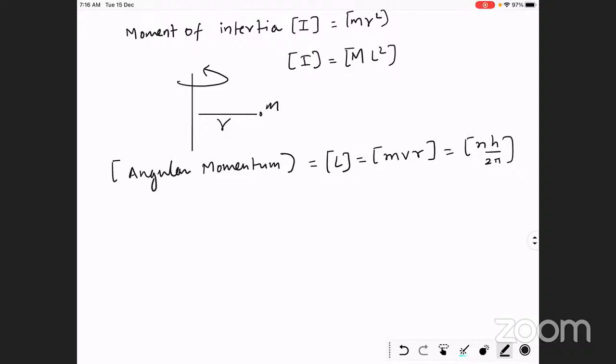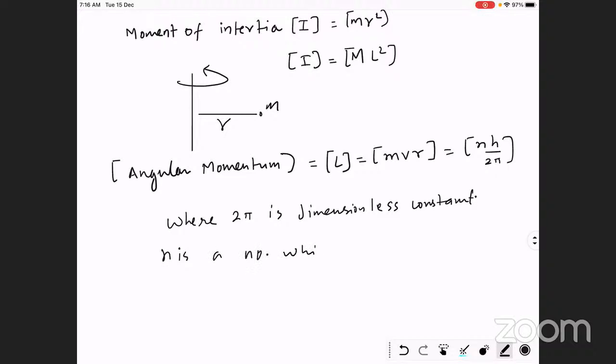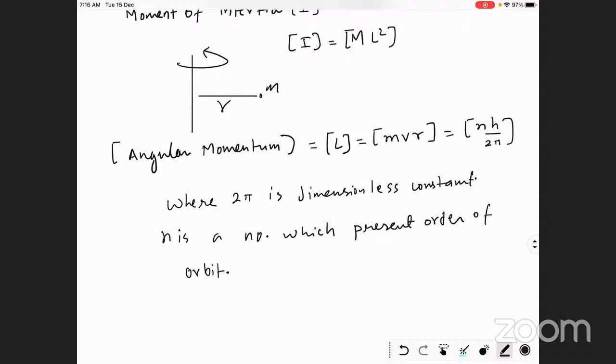And nh upon 2 pi, where h is Planck's constant, n is a number and 2 pi is a dimensionless constant. n is a number which represents the order of the orbit, or the principal quantum number. Am I right?